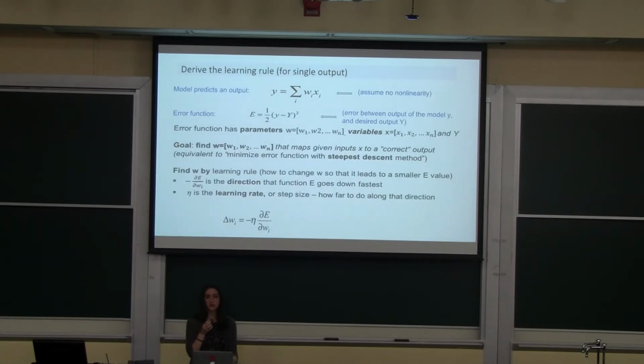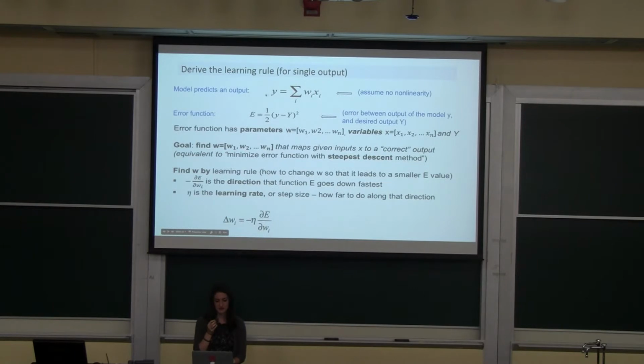To go more in depth on the learning rule and how you calculate it for a perceptron: for a single output, you calculate it using all the inputs, summed with their weights. This is a linear operator, so this only works for linear functions.